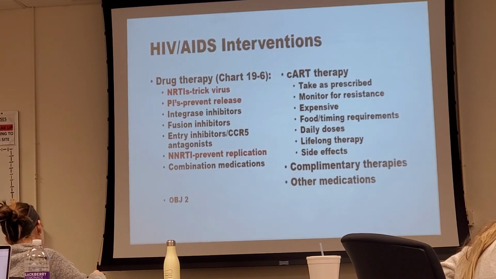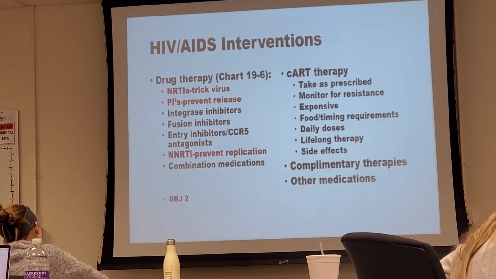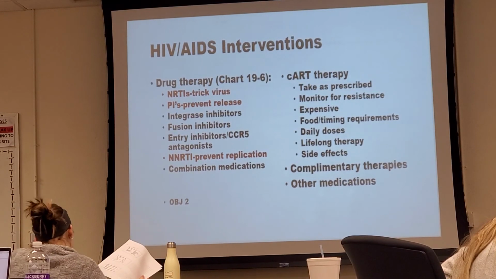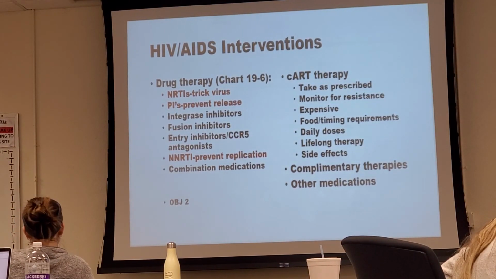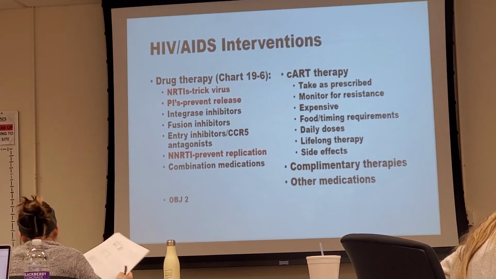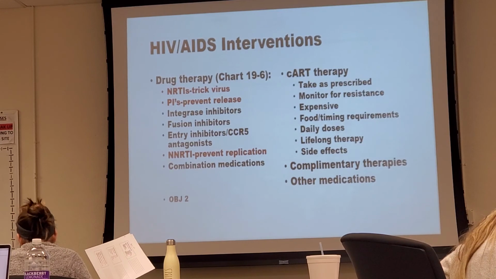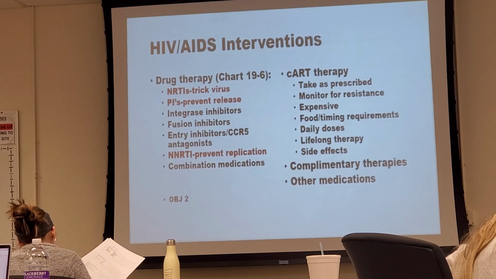except over on the right side, taking it exactly as prescribed. You're gonna take it for the rest of your life. Take it every day, as close to the same time as possible. And the 90% rule is that 90% of the time it has to be taken correctly, the right dose, the right time, with food, just exactly as it's ordered.